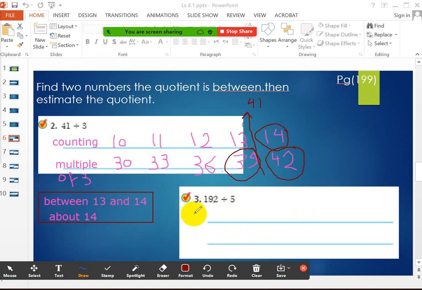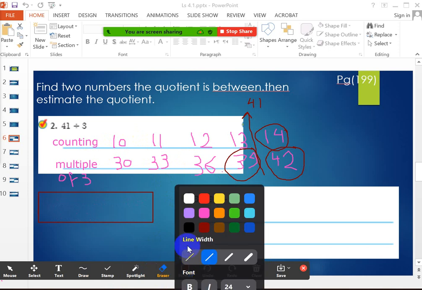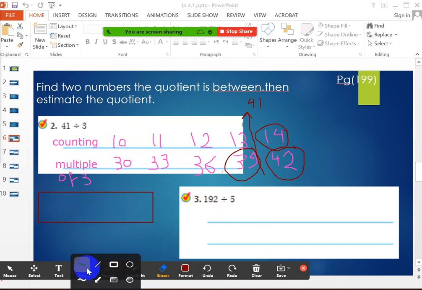First thing, I will write the counting numbers. But look, this is a big number, 192, and this is a smaller number. So I will not start from the counting number 1. No, I will start from the 10.